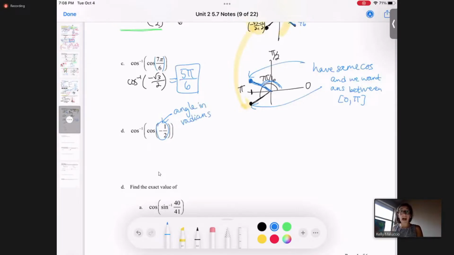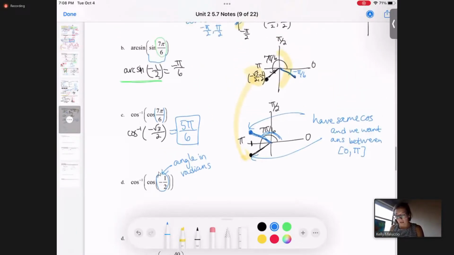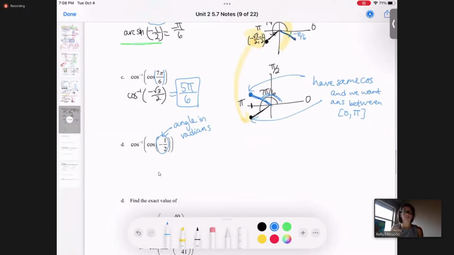Even though there's no pi, it's a decimal and we're taking cosine. So remember, there's no degree. These were all in radians because they have pi's. So this is an angle in radians. And I don't really know what this is because it's going to be a decimal.